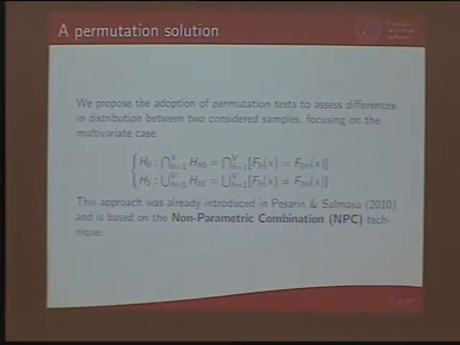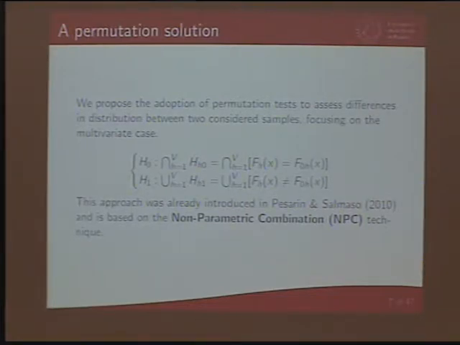The general scheme for the multivariate setting is the one you see here, where basically you use a sort of union-intersection test to build up the system of hypotheses when you are in the multivariate situation.